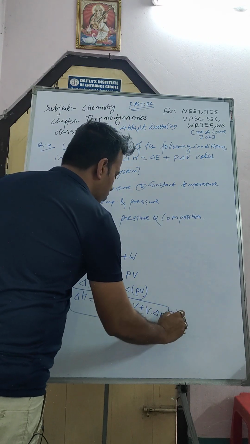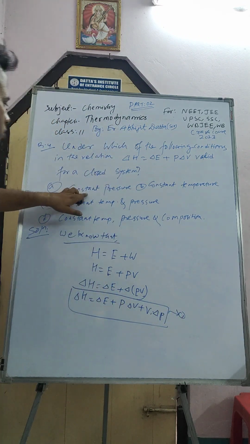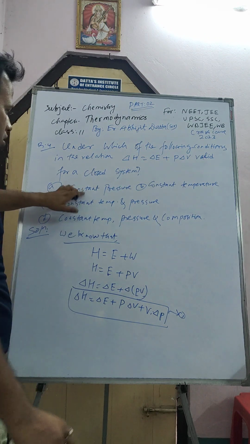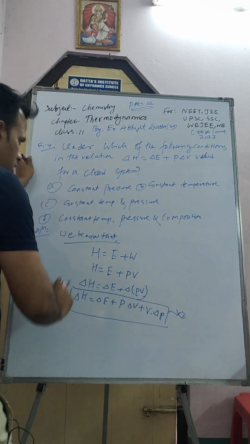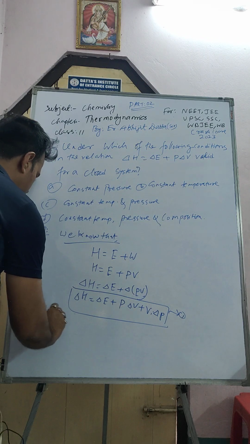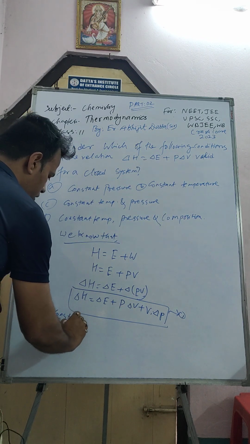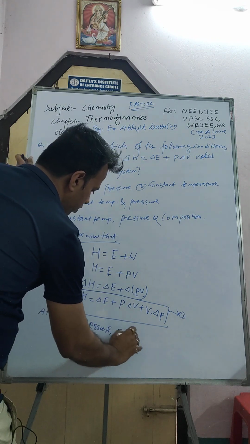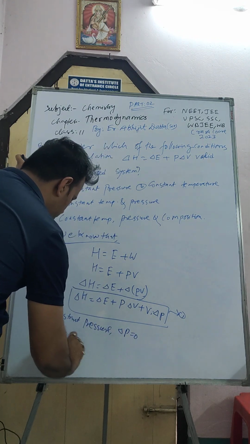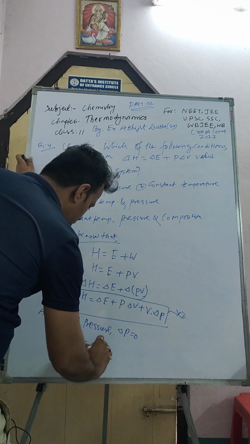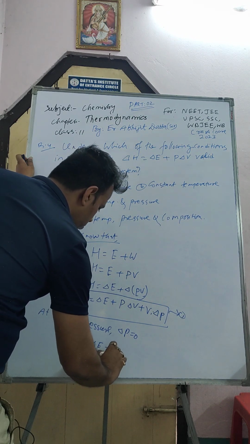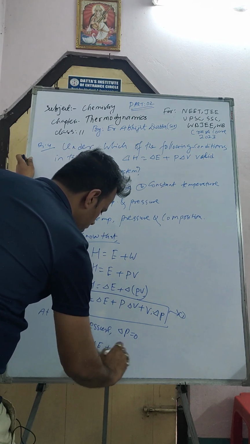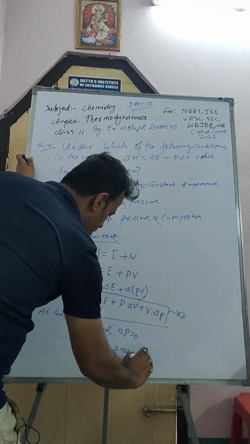Now look at the first option. If constant pressure, I am checking this one first. At constant pressure, del P will be 0. So therefore del H is equal to del E plus P into del V plus V into 0.